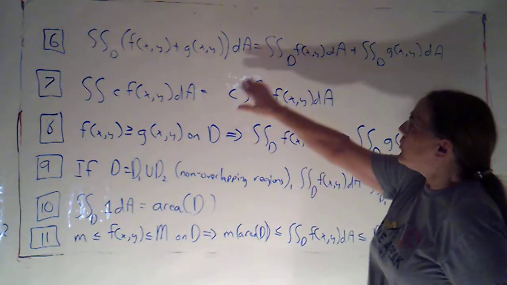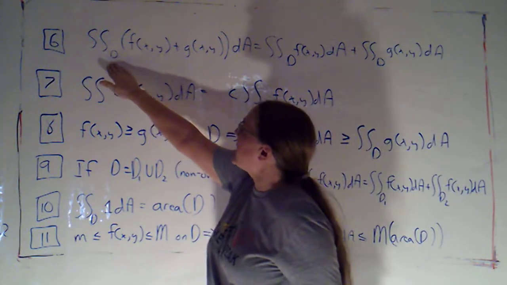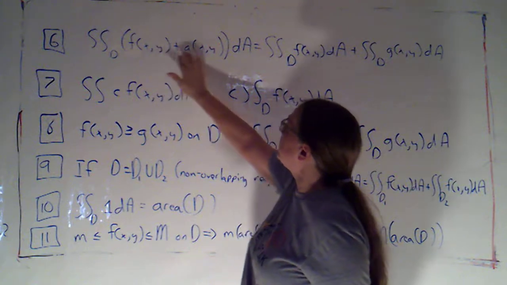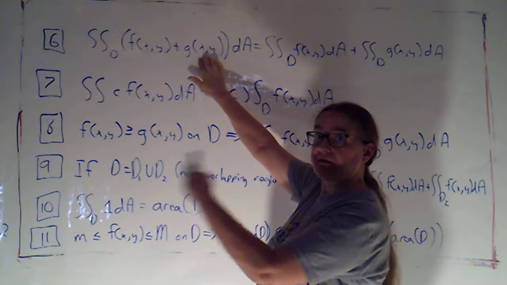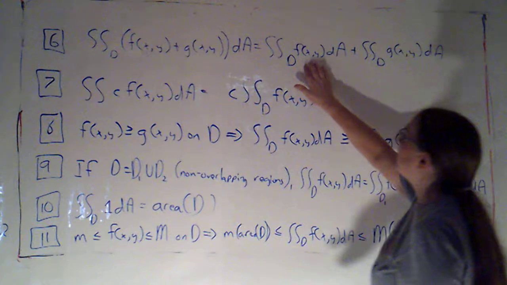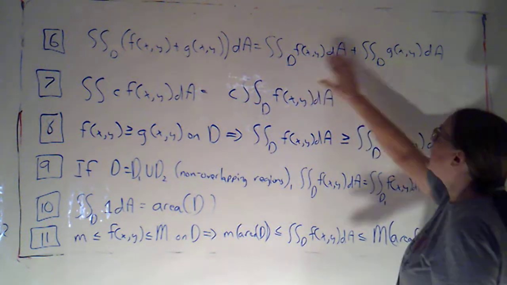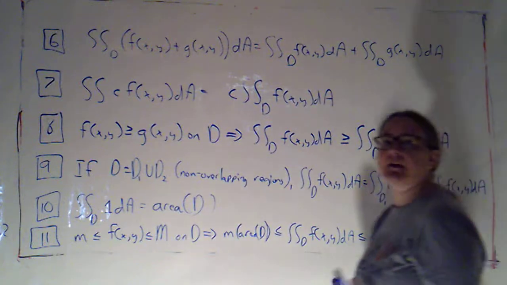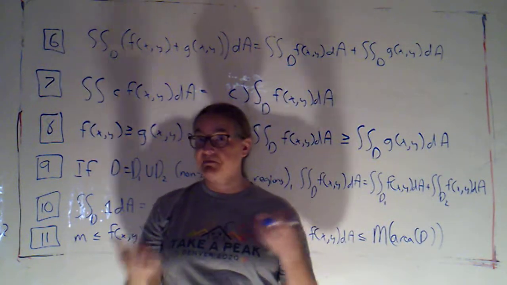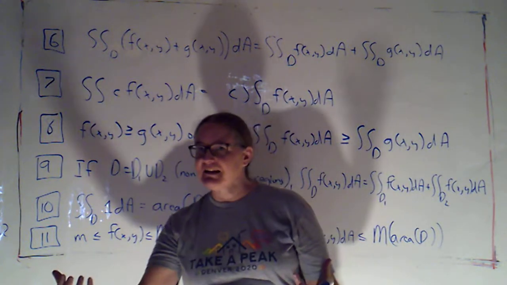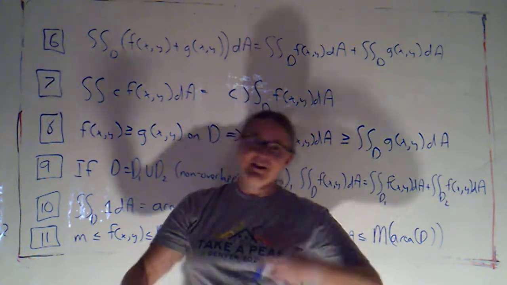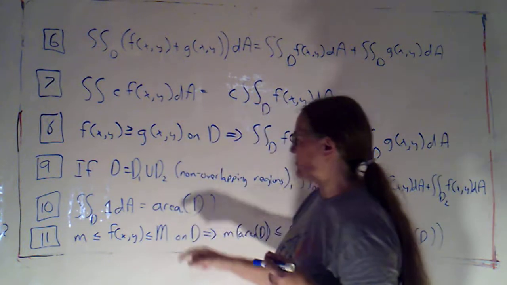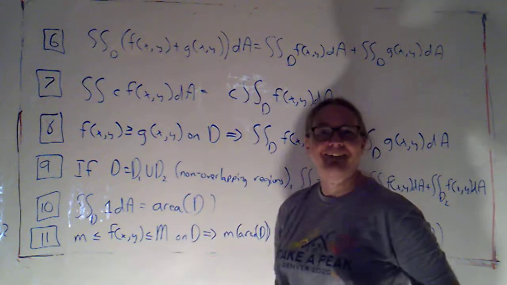Okay. So property 6 is that the double integral over a region of f plus g, so my height function is a sum of two functions, well, I can just integrate f over D, integrate g over D, and add the results. We took advantage of that in the last video where we had x plus 1, and we integrated x, and we were able to use symmetry there, and then we integrated 1, and we used property 10 there.